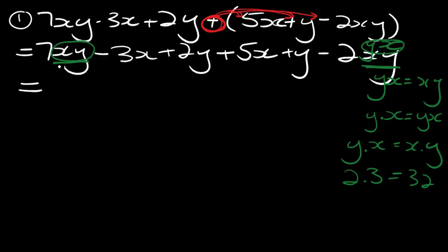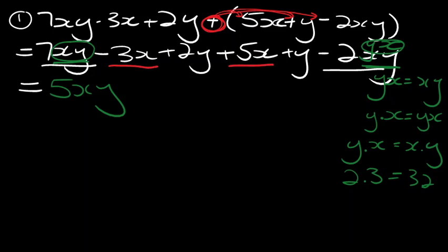7xy, we can add to minus 2xy. So what do we have? Well, 7xy minus 2xy is 5xy. Okay, let's look at the other like terms, and there we have negative 3x plus 5x, and if we add those two together, we have plus 2x.